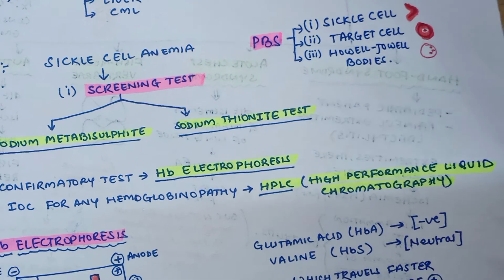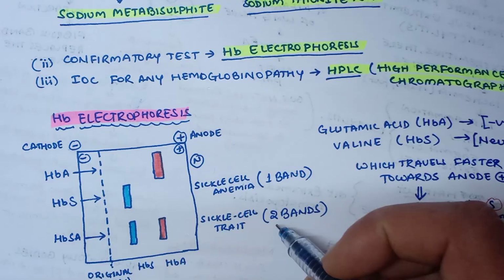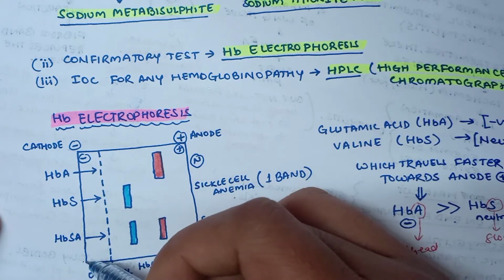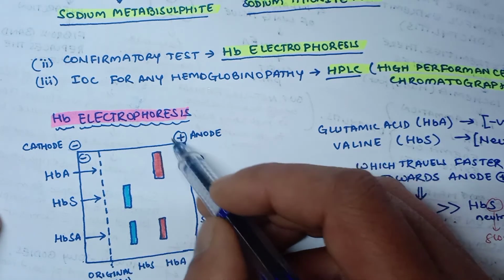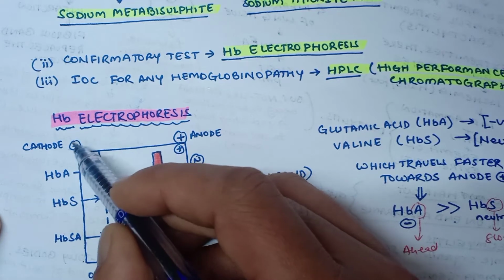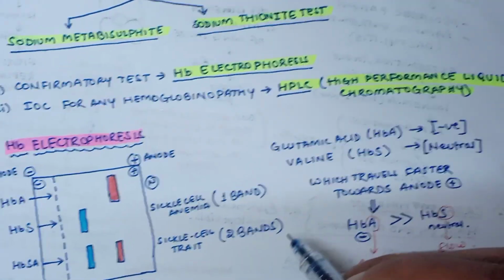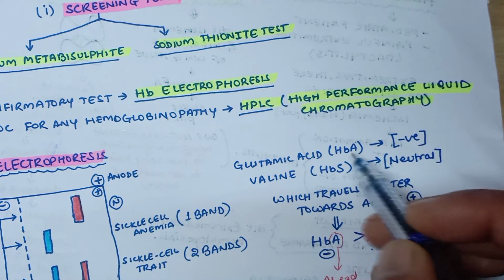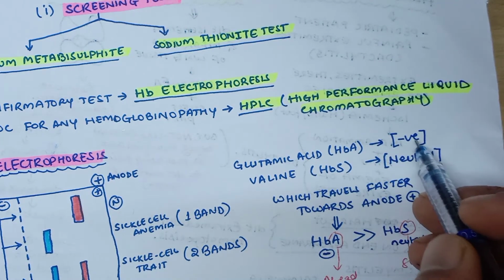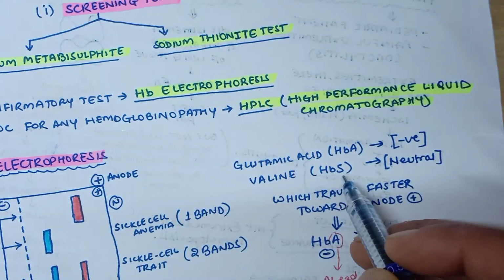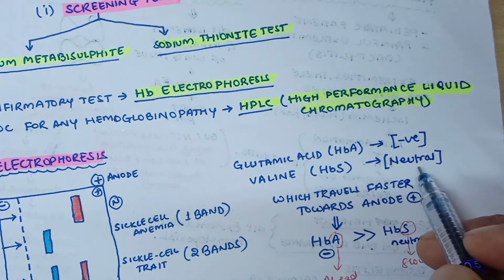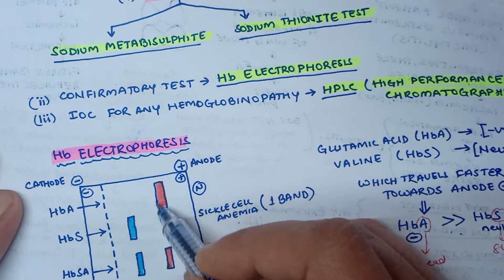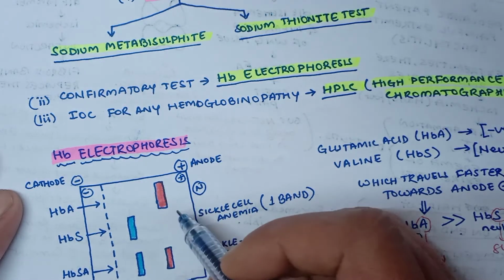Now coming to hemoglobin electrophoresis, there will be an anode on one side and a cathode on the other side. Anode is positively charged and cathode is negatively charged. As we know, glutamic acid, that is HbA, is negatively charged, and valine, that is HbS, is neutral. The anode, which is positively charged, will attract negative particles.